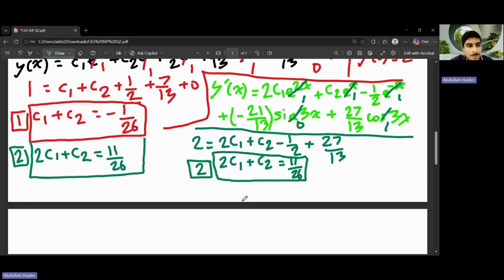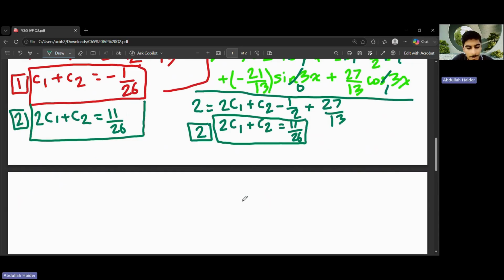2c1 plus c2 is equal to 11 over 26. Now you can find c1 and c2 again using substitution or elimination method.